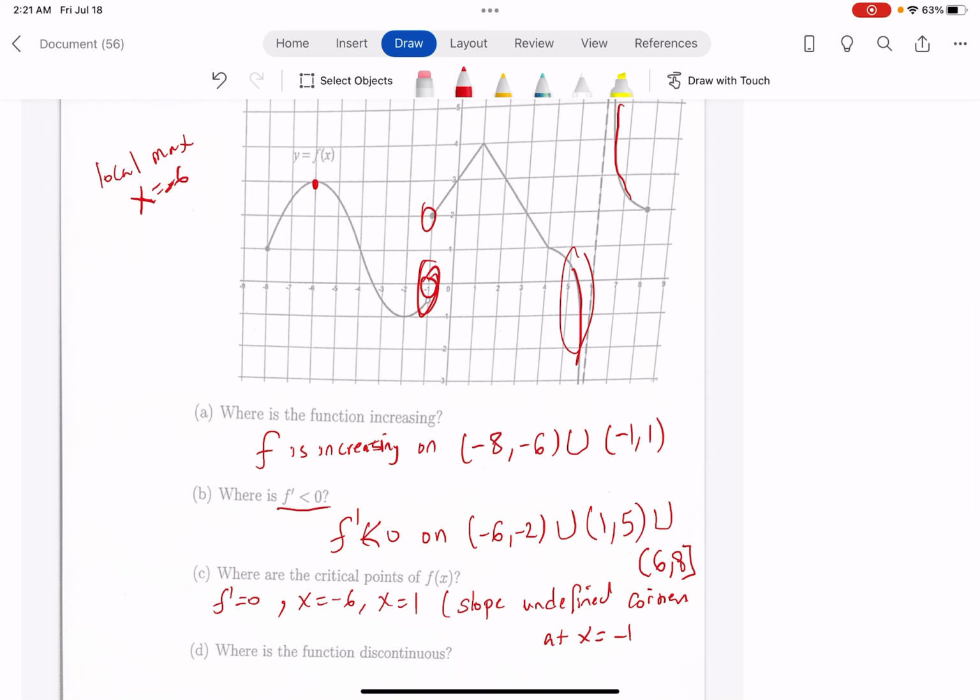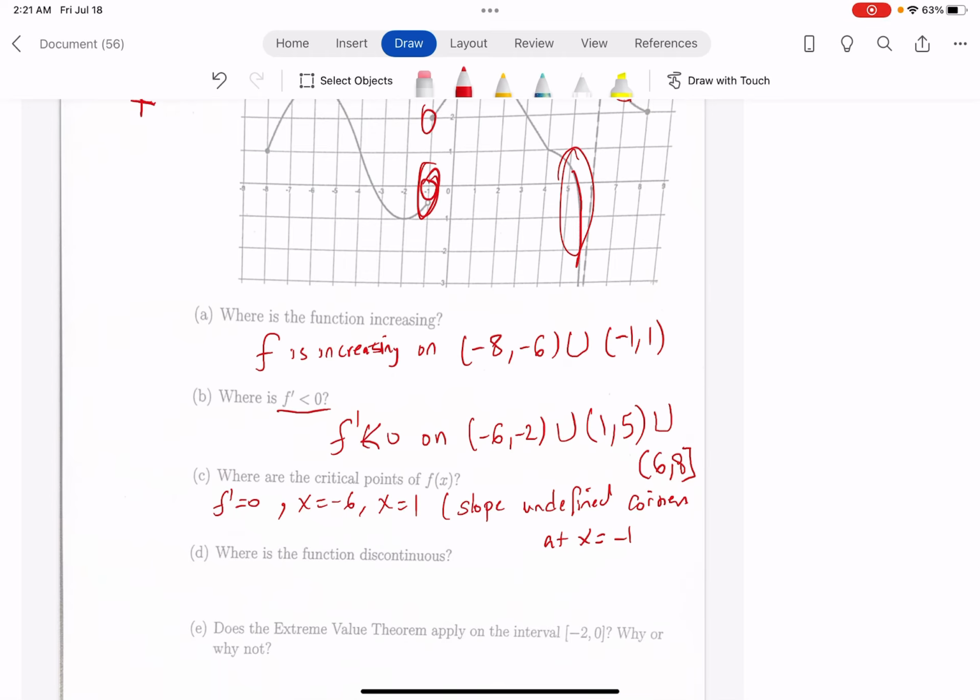Once it starts from 5, it's not even going to reach 6. So x equal to 5 is also an undefined corner.